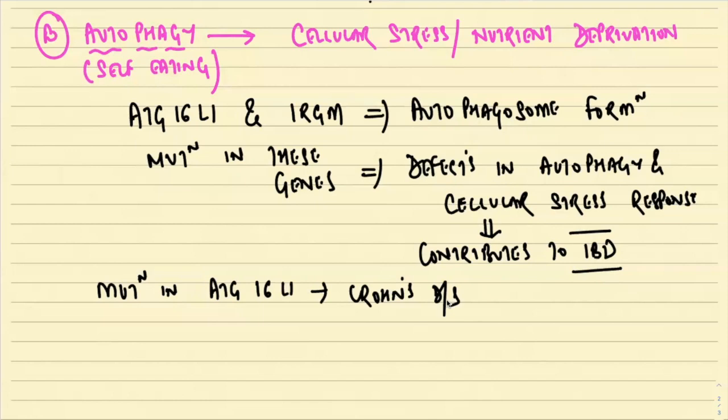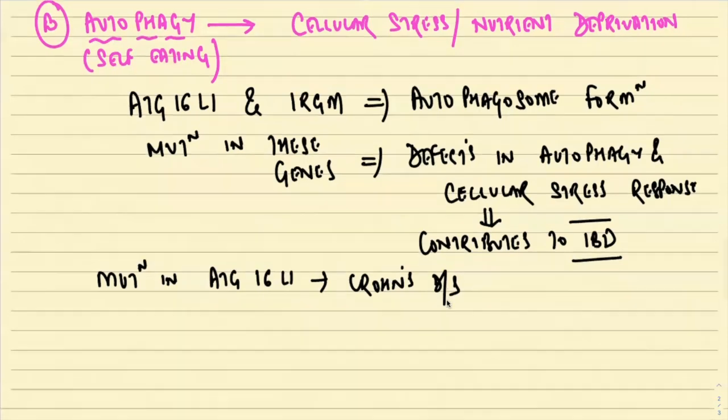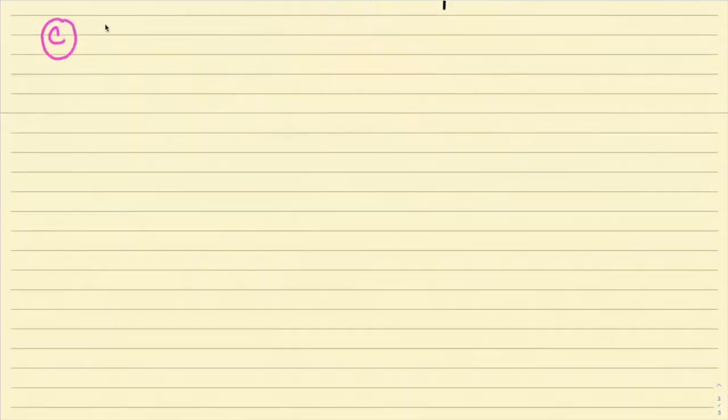Now, the third very important pathogenesis of inflammatory bowel disease is the host microbial interaction. So how is the interaction? Let us try to understand.